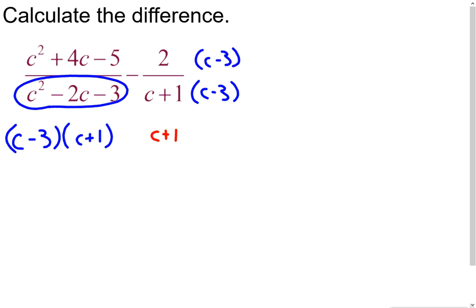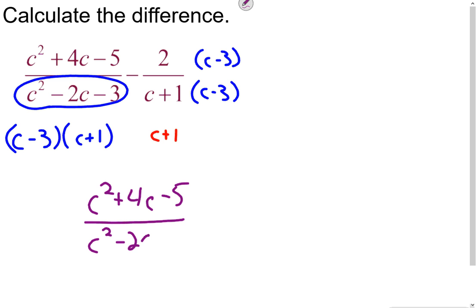Then I'm going to go down to my next line. So I have c squared plus 4c minus 5 over c squared minus 2c minus 3, because that's our common denominator. Oops, you know what, I want to write it in factored form. So I'm going to leave it as c minus 3 and c plus 1. And then we have to subtract.